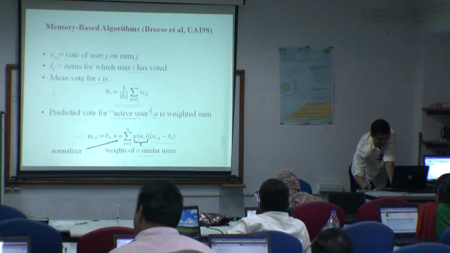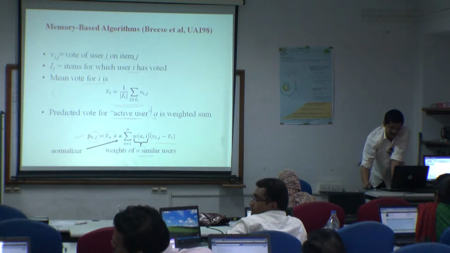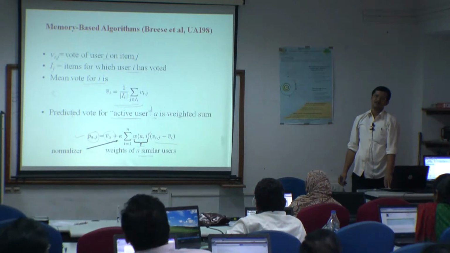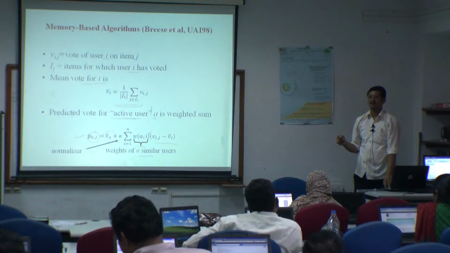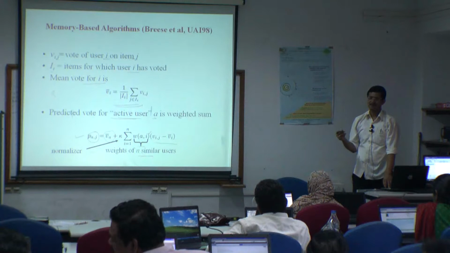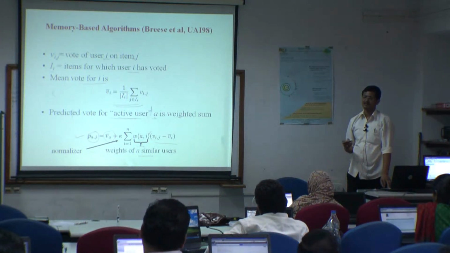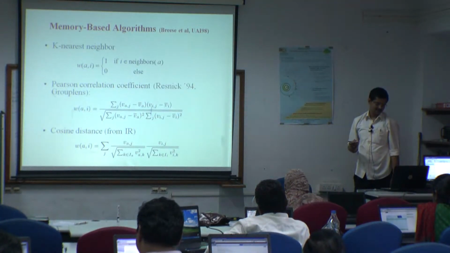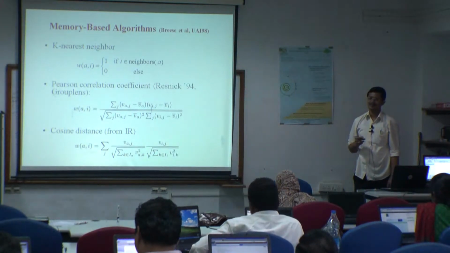By multiplying both, it will give you the predicted vote of the active user, and you can use this predicted vote to predict about an item for which the user is not aware. So this is the same definition. This is the extension of cosine similarity distance for recommendation systems, collaborative filtering.